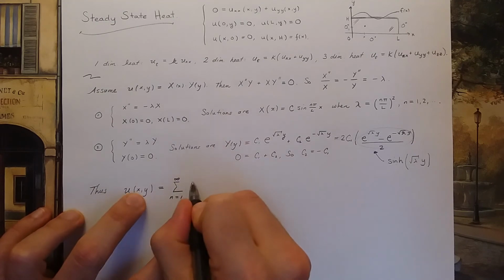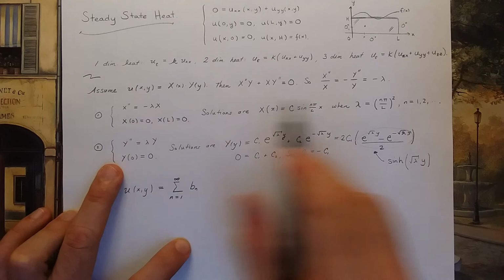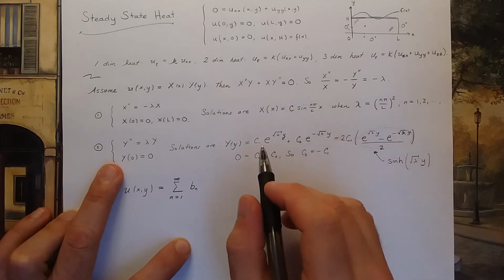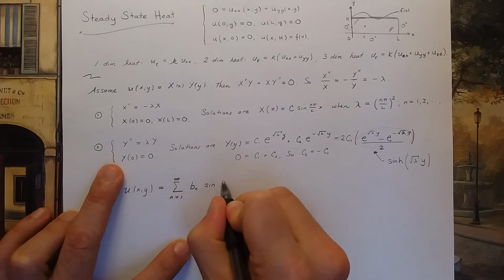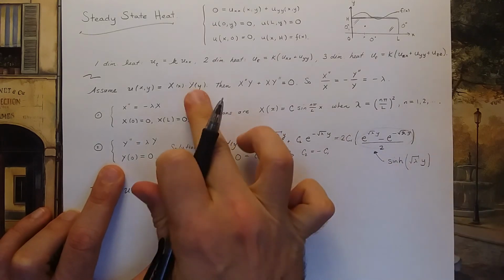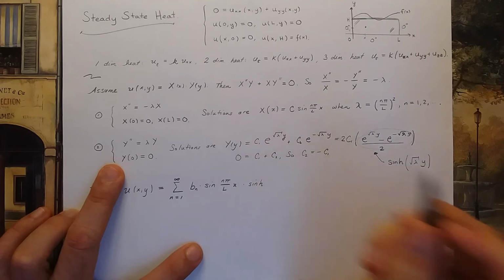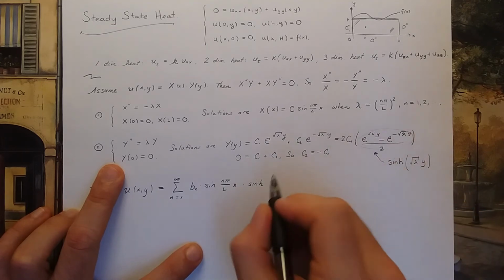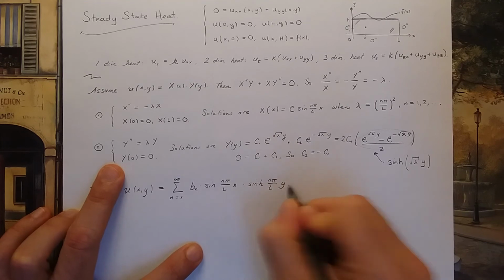Then I have some constants, I'll call them bn. I have my x solution, which I'll write first, sine n pi over L x. Then I'm going to multiply that with my y solution, which is hyperbolic sine, sinh, of another n pi over L y.